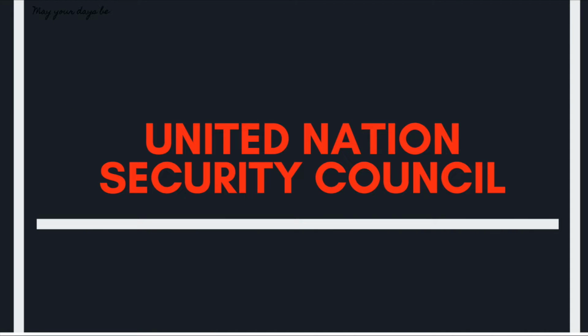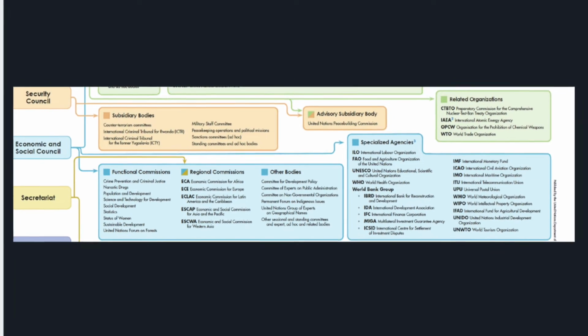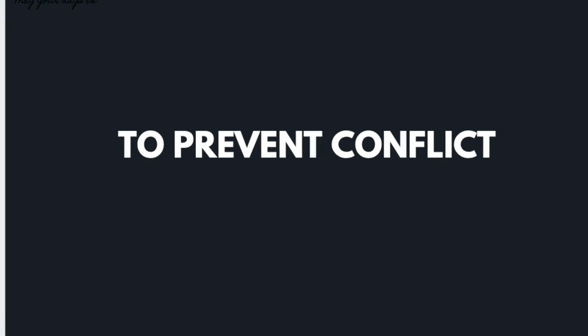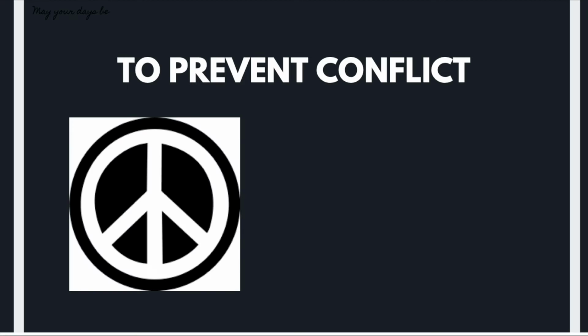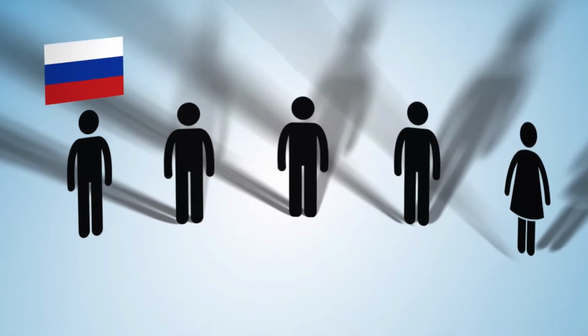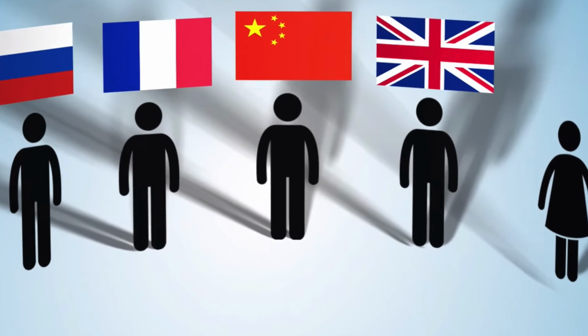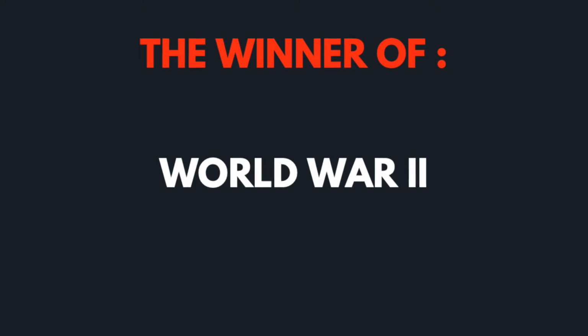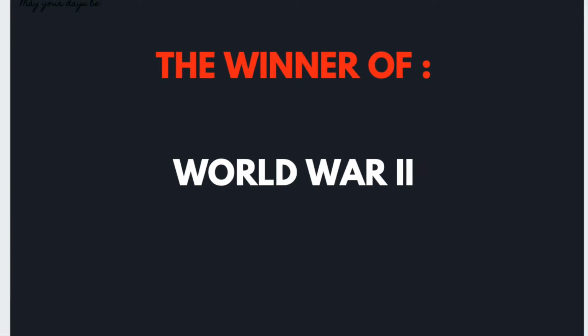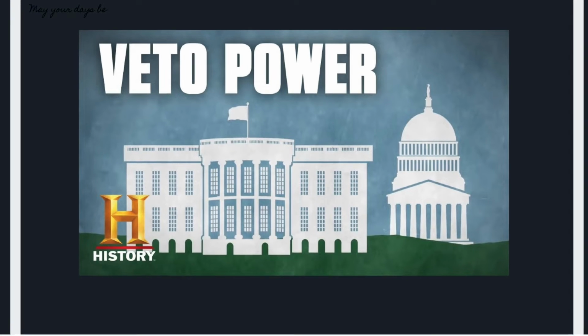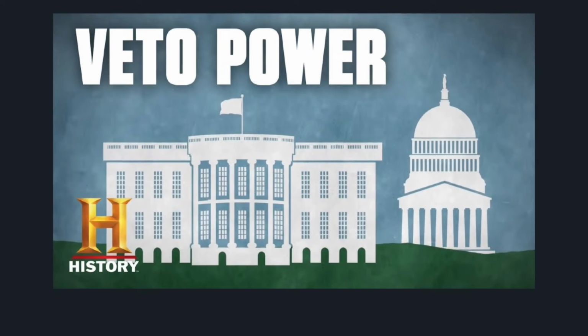The second arm of the UN is the Security Council. It exists to prevent conflict on a large scale, promoting peace through diplomacy or sanctions. It has only 5 permanent members: Russia, France, China, the UK, and the US, which were the winning powers in World War II. The permanent members have veto power, and its use has been incredibly controversial.